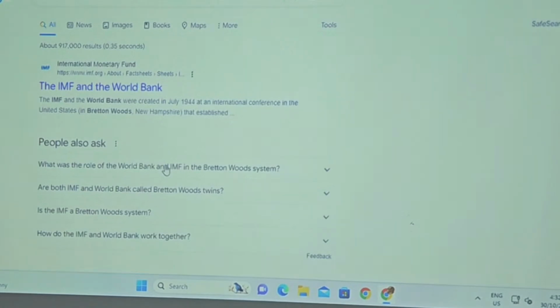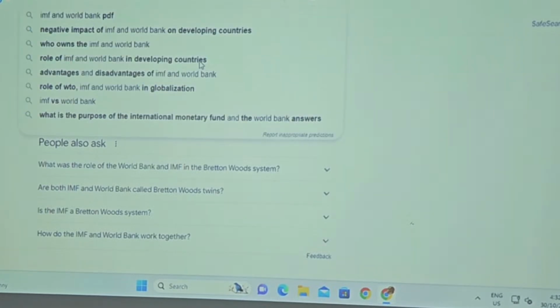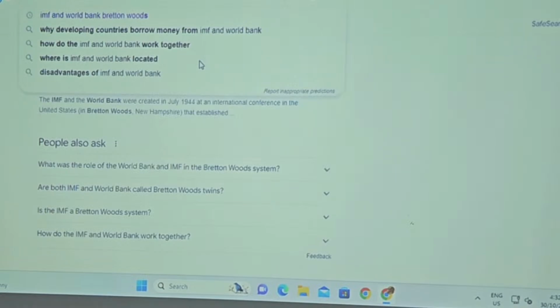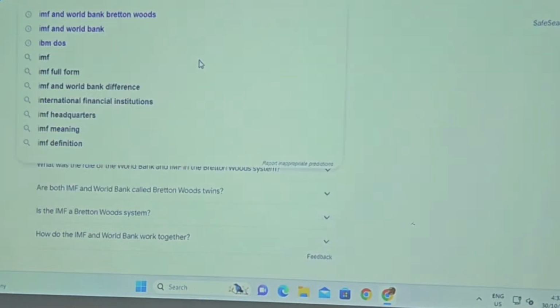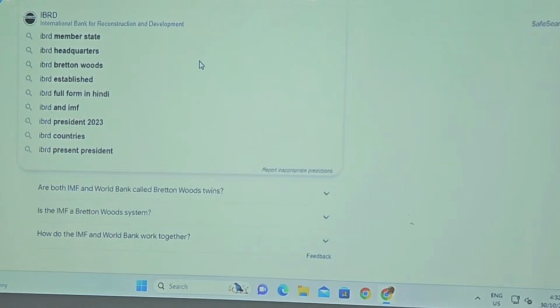The IMF was born at Bretton Woods. The World Bank was born at Bretton Woods, but the name was IBRD at that time.